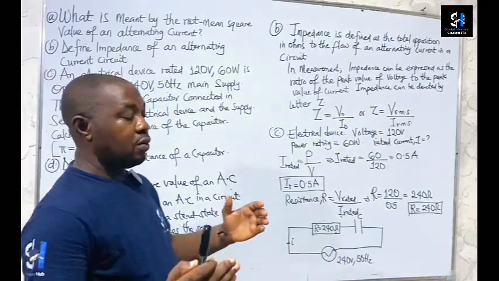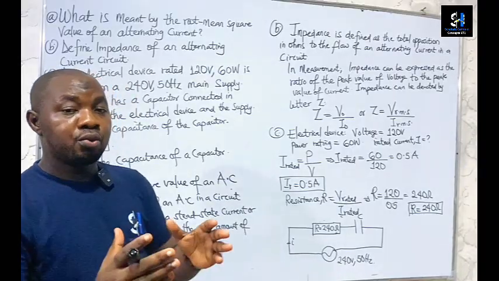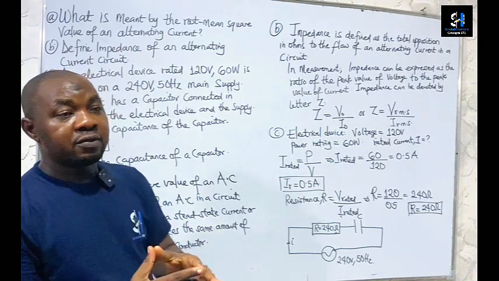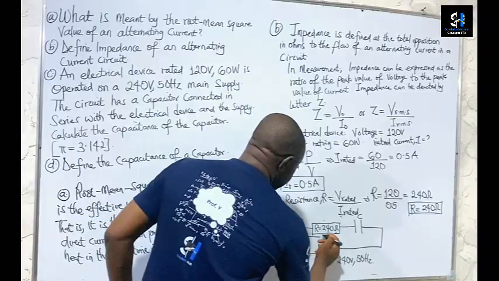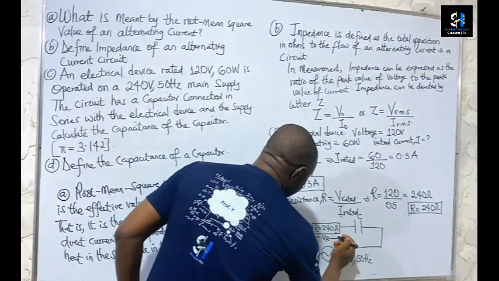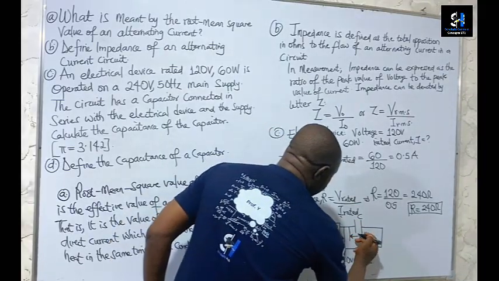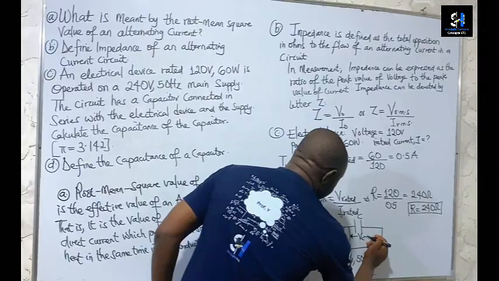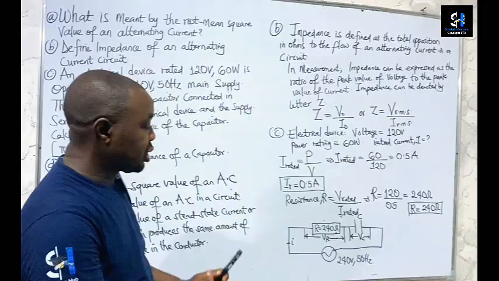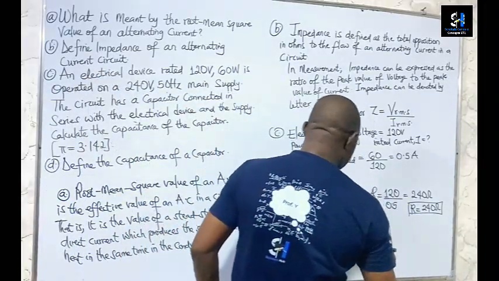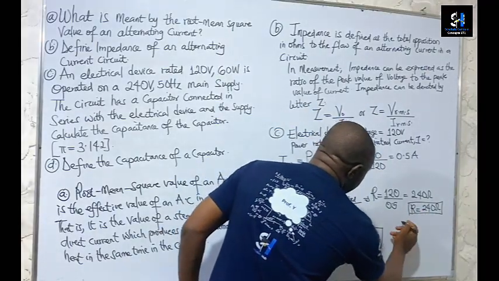For a series circuit, components connected in series have different voltage drops. The voltage drop across the resistor will be VR, and the voltage drop across the capacitor will be VC. So for the voltage source, we are going to make use of this formula.